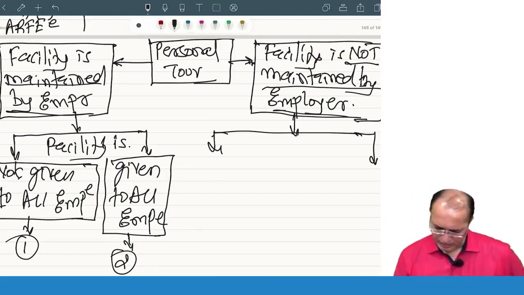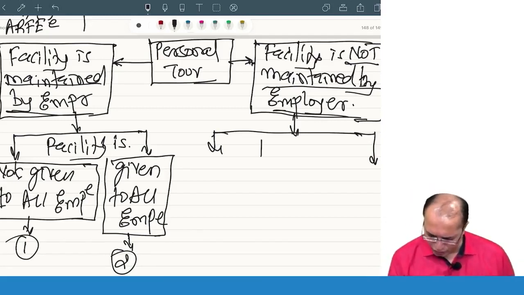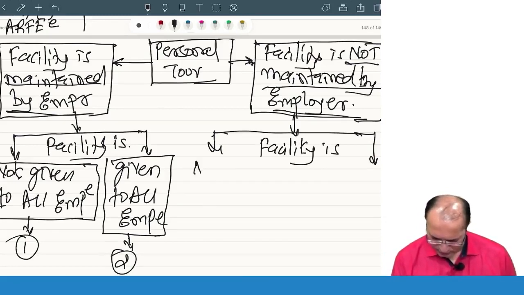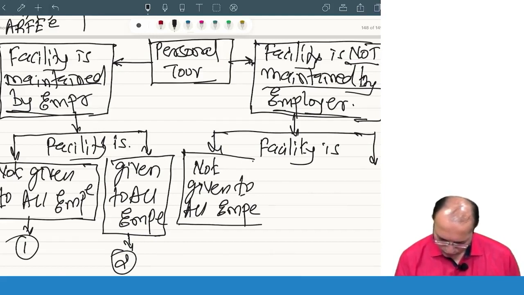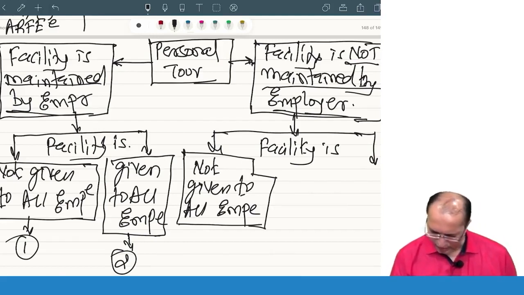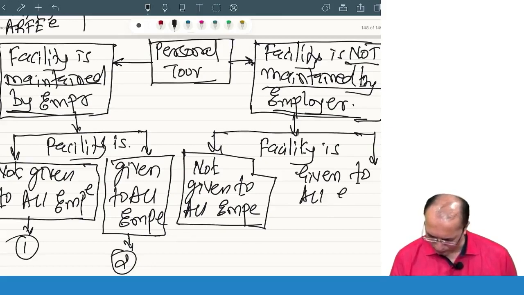Yes. Similarly, here also we have two possibilities. Facilities not given to all employees, and second possibility, facilities given to all employees.